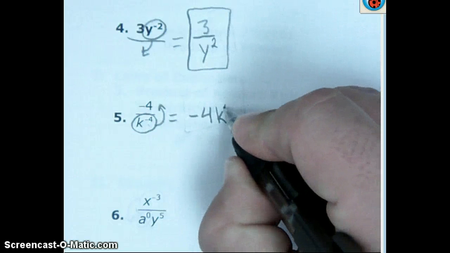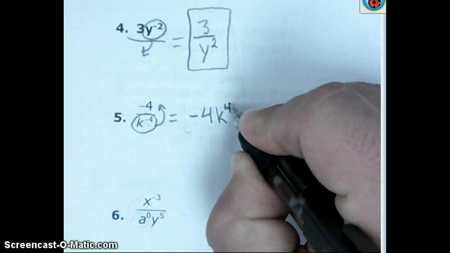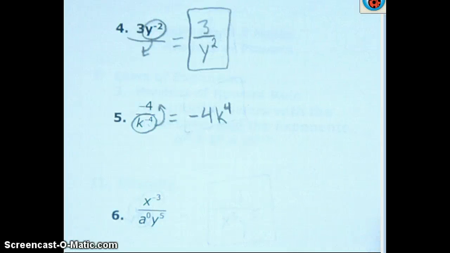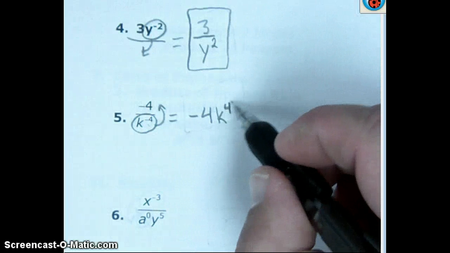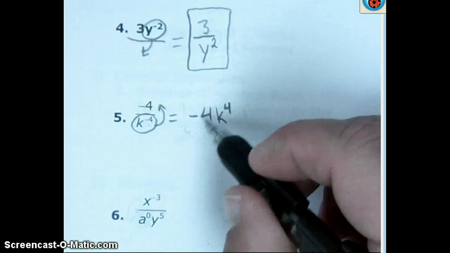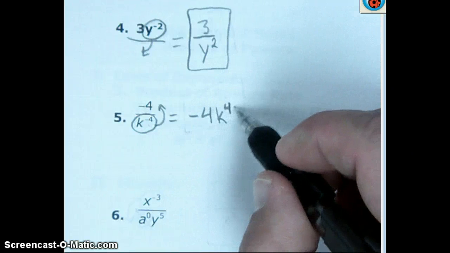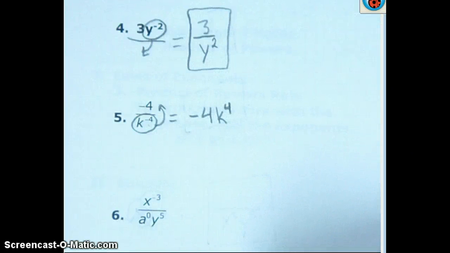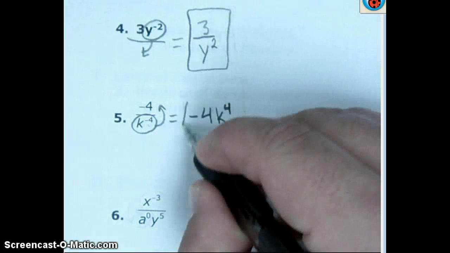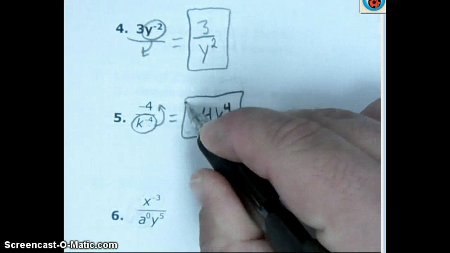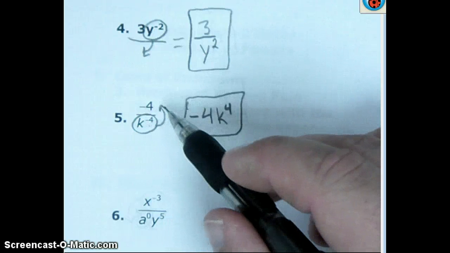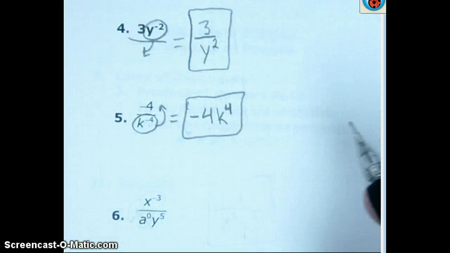And now his exponent can become a good exponent, a positive exponent. Again, that 4 right here is only attached to the k. We cannot take this negative 4 and raise it to the 4th power. We can't do that. So this is as simplified as we can get right now. All we did was move bad exponents where they're supposed to be. We did the reciprocal law.